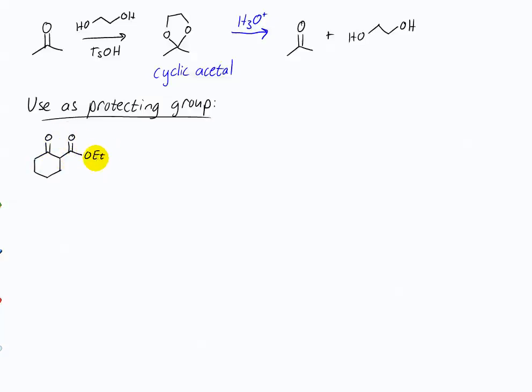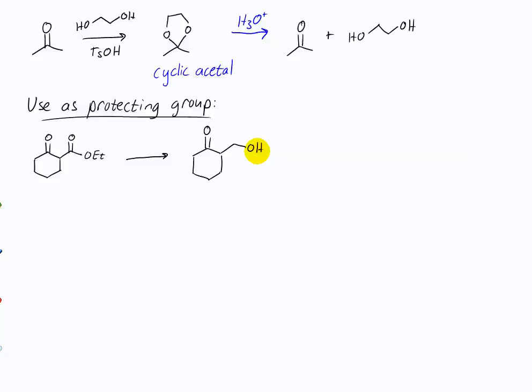Let's say you have a molecule like this, and you want to reduce the ester, but you don't want to reduce the ketone. From everything we've learned so far, you can't.